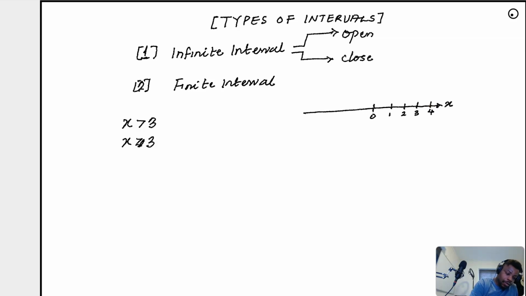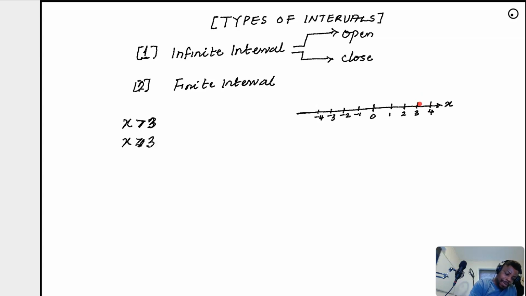And this is 4 and above. This is minus 1, minus 2, minus 3, minus 4 and above. Okay? So x is greater than 3. That simply means any number that is greater than 3 is x.